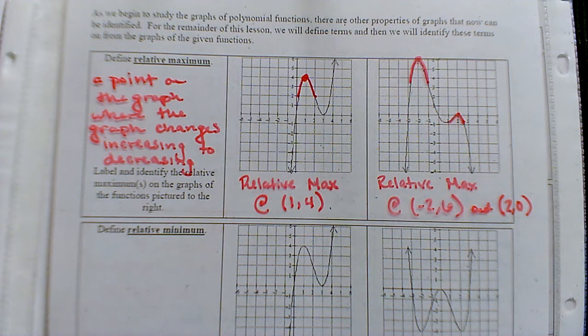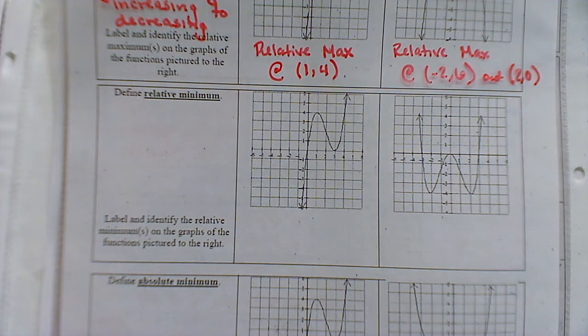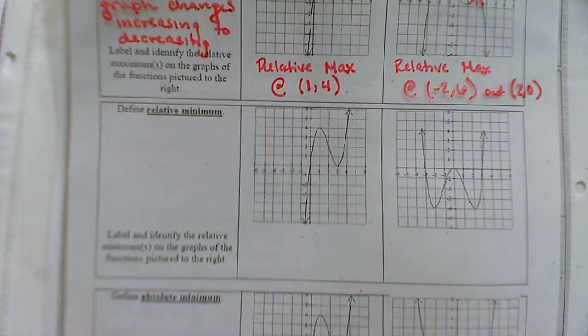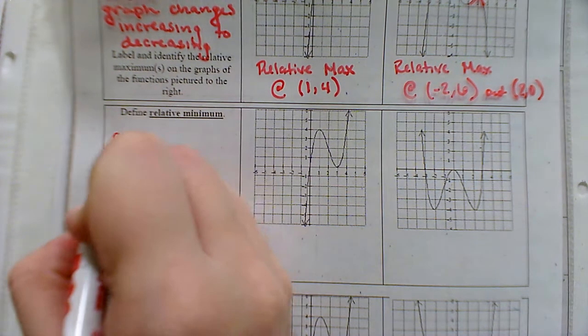Okay, so maximum, you've heard about it before, you're used to it, it's just a high point, but formally defined, you're changing from an increasing to decreasing type of motion. Okay, so a relative minimum, if we don't put too much thought into it, it's going to be fairly similar. This time we're just going from decreasing to increasing. Okay, the change is a little bit different, specifically switched.